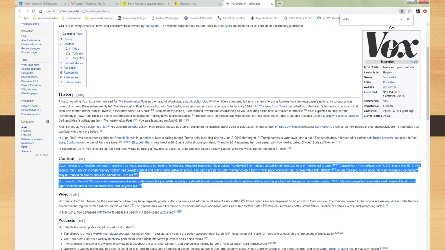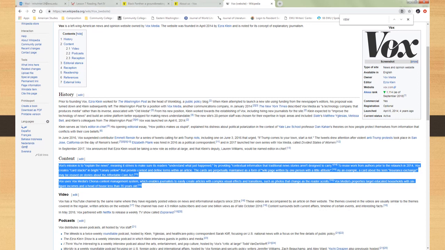The first thing I see is Vox is a left-wing American news and opinion website. That to me is alarming. That's disconcerting because that shows a clear political bias. Even if, hypothetically, I were left-wing, that doesn't necessarily mean it's a good source to use in my paper because I don't want the essay I'm writing to seem biased either.